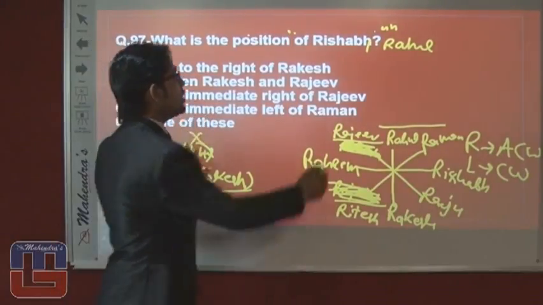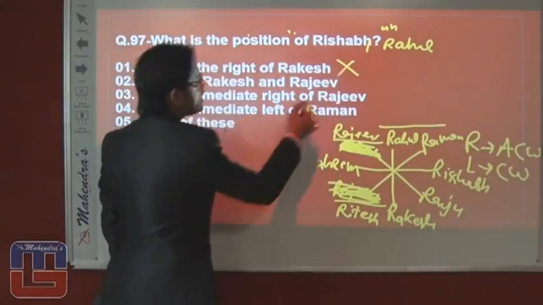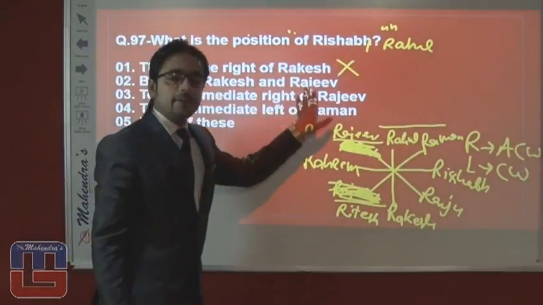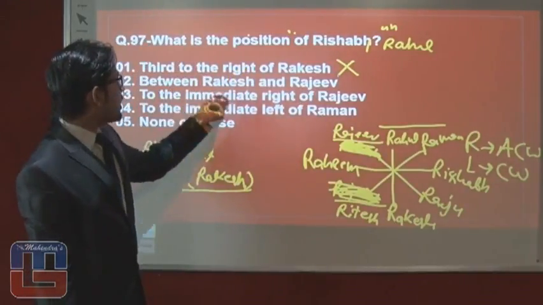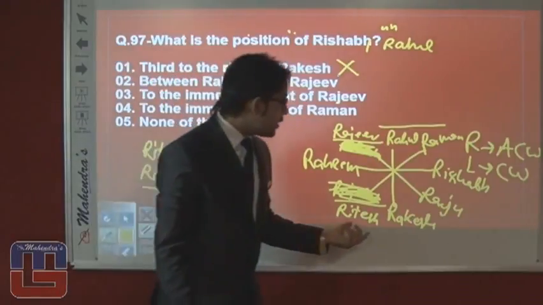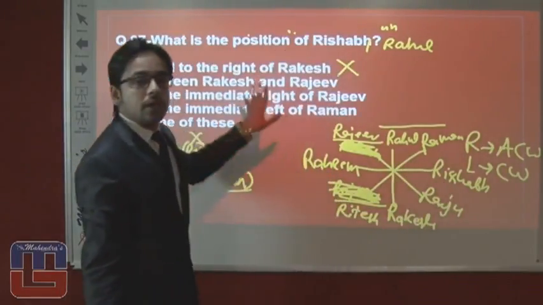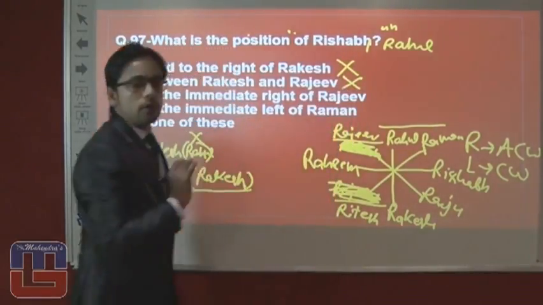So the first conclusion is false. Second statement is saying between Rakesh and Rajiv. Rishabh is sitting between Raman and Raju, not Rakesh and Rajiv. So this conclusion is also false.